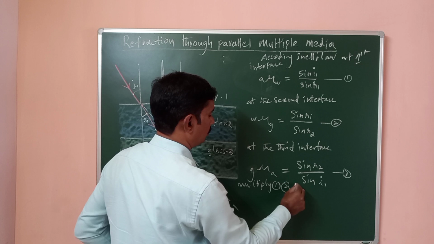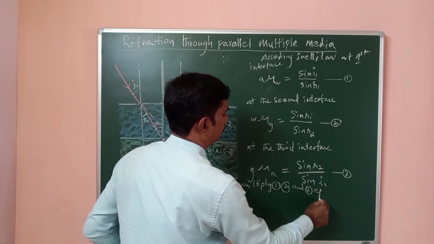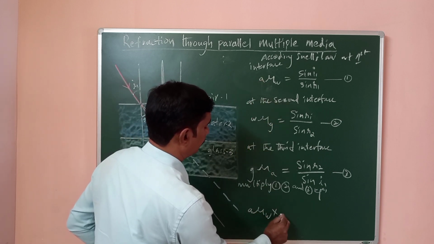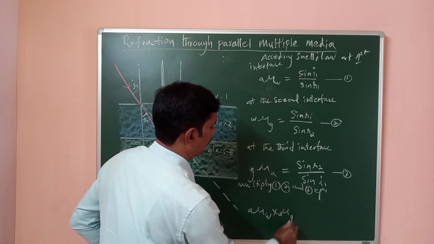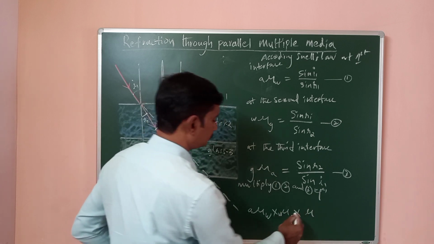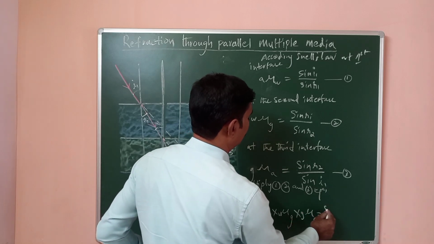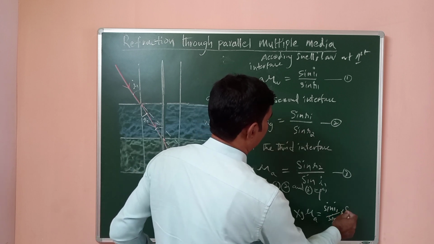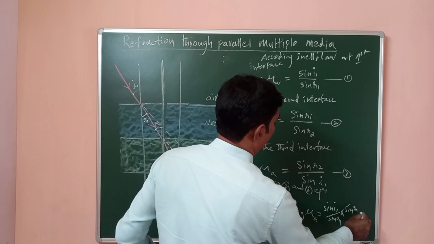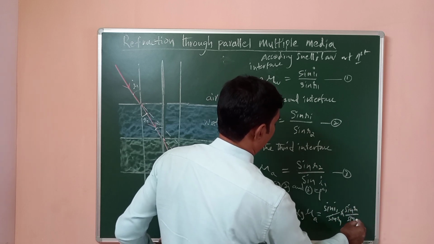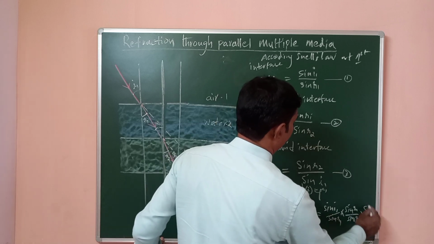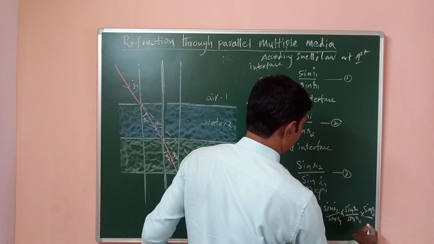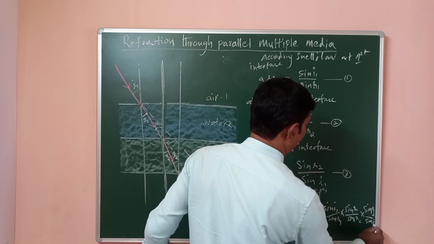If you multiply all these equations, the left hand sides and the right hand sides, multiplying equations 1, 2 and 3, we get on the left hand side mu A to W into mu W to G into mu G to A, which is equal to sine I1 by sine R1 into sine R1 by sine R2 into sine R2 by sine I1.